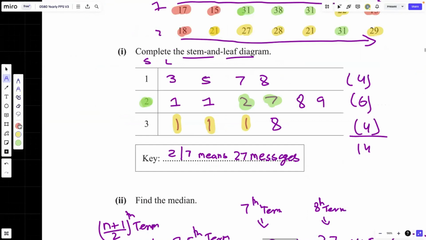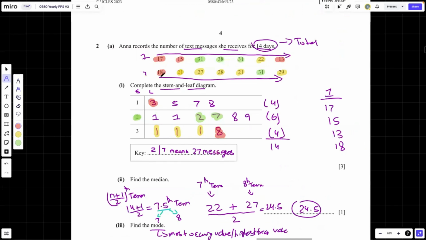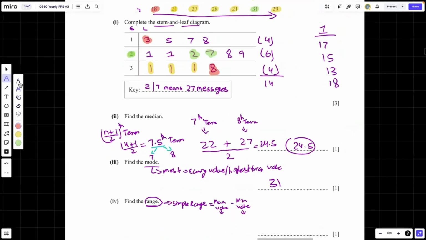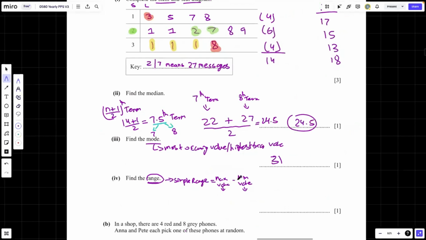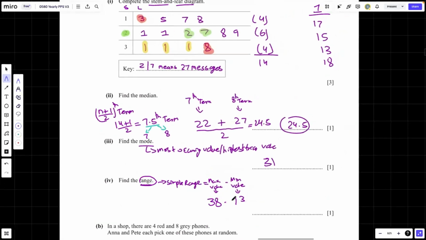The last number of your stem and leaf and the first number of your stem and leaf would be the max and minimum value if you have made the correct stem and leaf. Otherwise, you can use the question data. So that's 13 as the minimum value and 38 as the maximum value. When I subtract them, I'm getting 25 as my range.